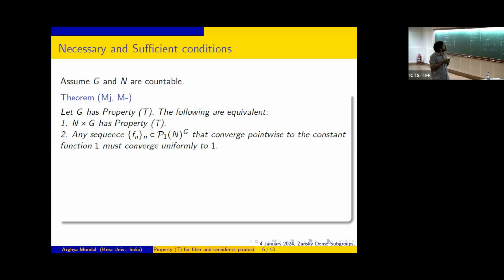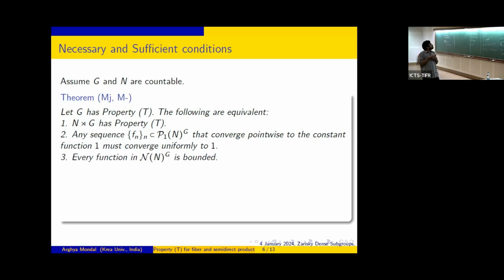So suppose we know that G has property T, and then one of the equivalent conditions for N semidirect product G to have property T is that you only have to look at G invariant functions of positive type on N, and any such sequence, if it converges to the constant function 1, then it must converge uniformly to 1. So this result has that feature that we are basically looking at representations of N, and we are looking at the G action only. So this is characterized in terms of these two things only.